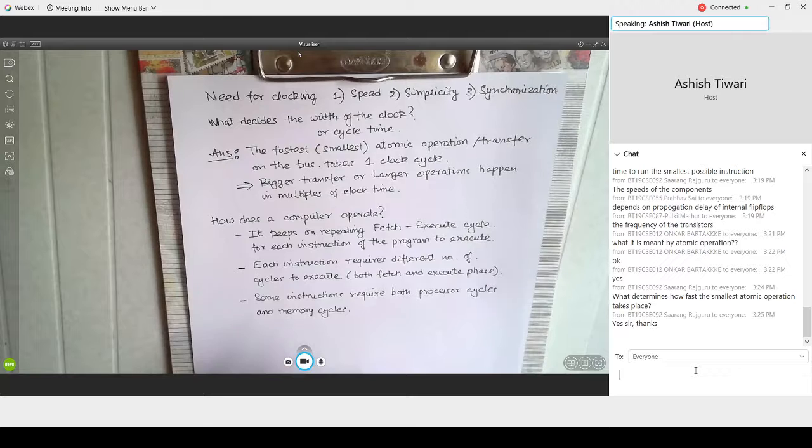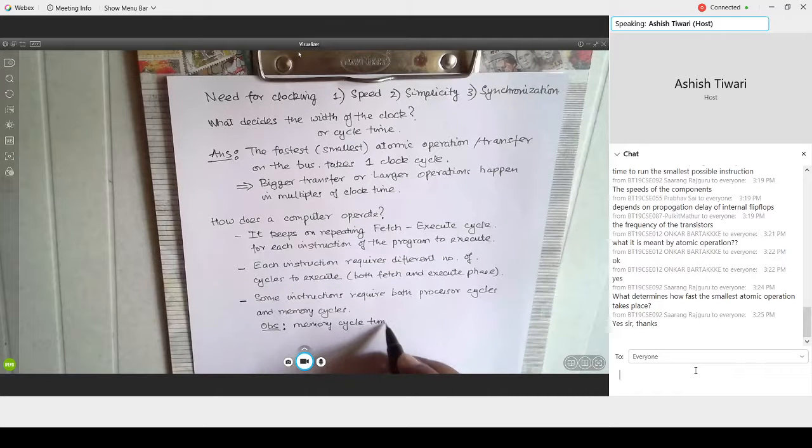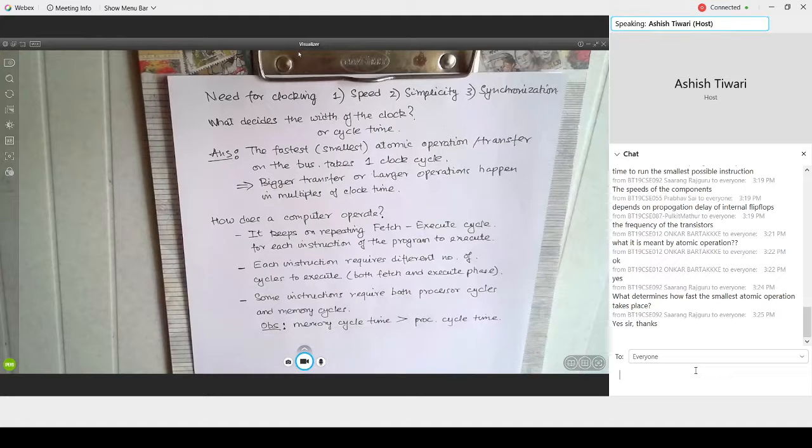I just do an observation here, maybe define the parameter later on. The observation is that memory cycle time is greater than processor cycle time. In fact, this memory bus would be maybe order of hundreds or even more slower than the processor, right? The processor cycle time is the fastest time. Okay, so if we understand all this, right?